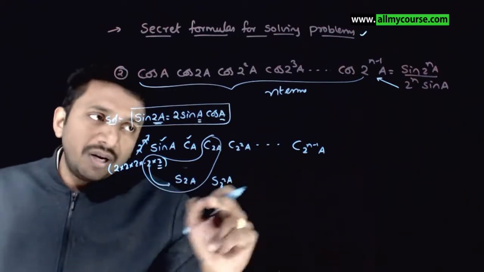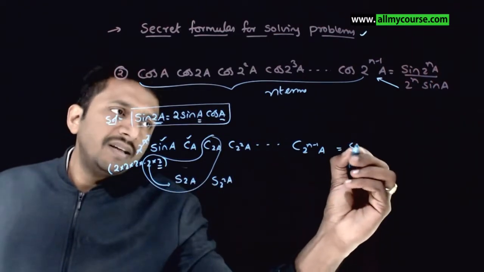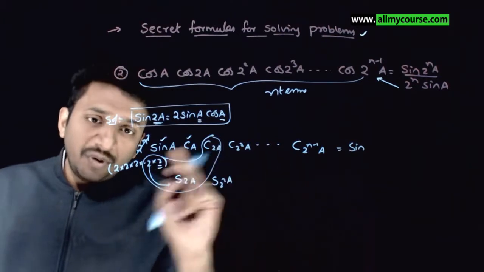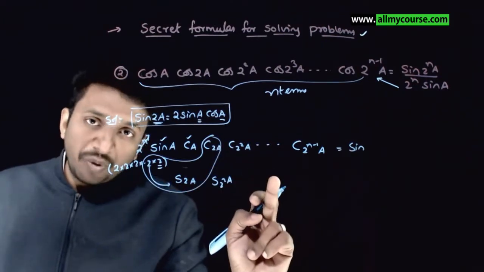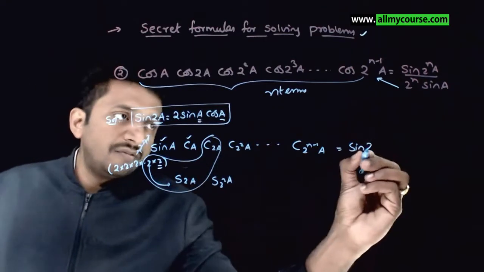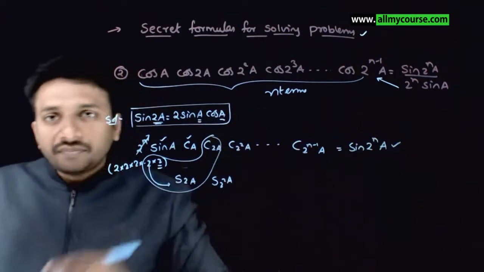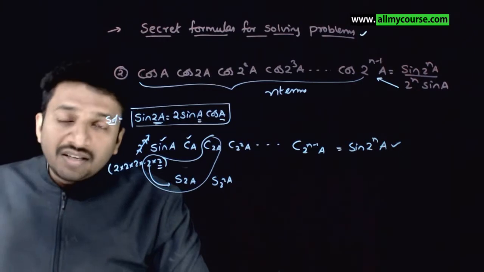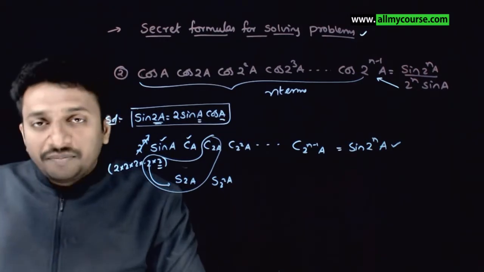If you go on doing it like this, in the last step you get 2 times sine 2 power n minus 1 A into cos 2 power n minus 1 A, which is nothing but sine of 2 power n times A. So this is the logic for the second formula.